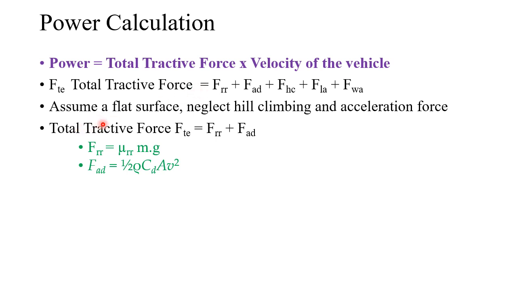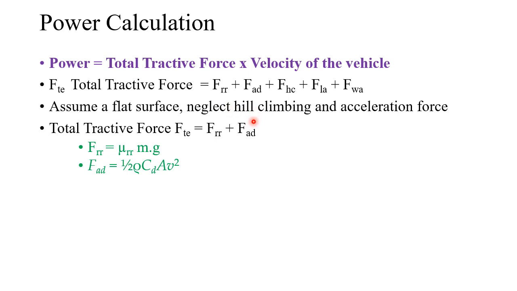Now let's assume a flat surface, and neglecting the hill climbing and acceleration force, then simply we can calculate the total tractive force in terms of rolling resistance force and aerodynamic force. Because when you assume a flat surface, the hill climbing force will be zero.